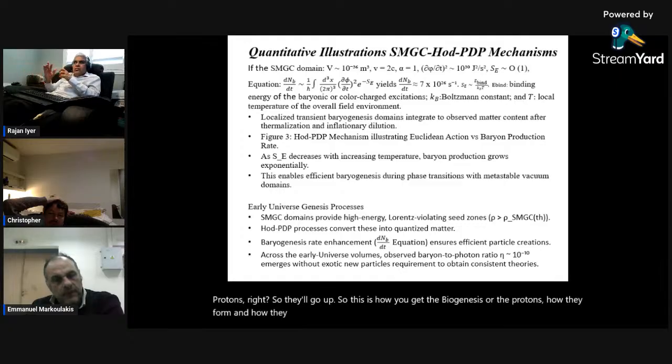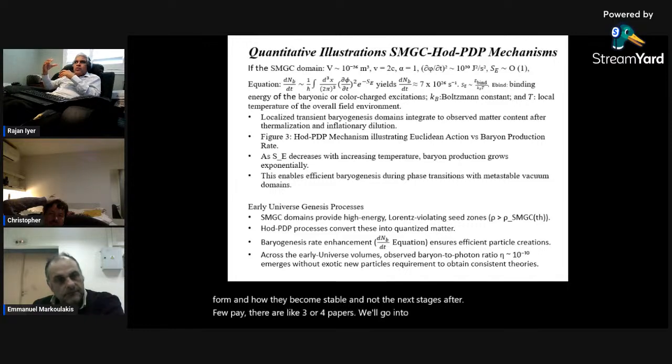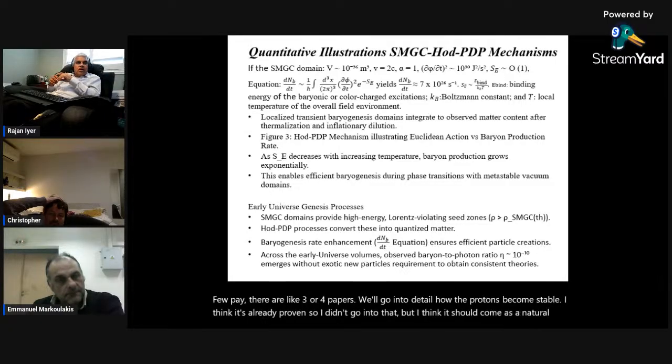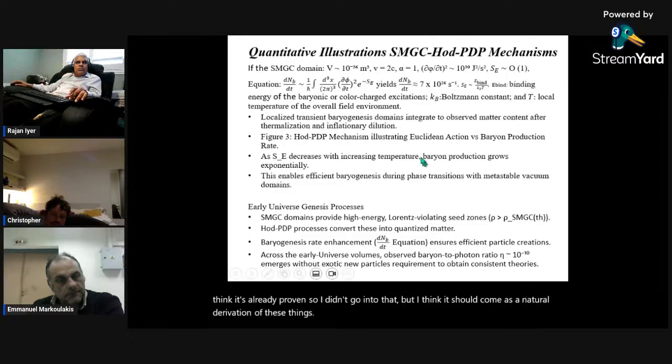In the next stages, there are like 3 or 4 papers. We'll go into detail on how the protons become stable. I think it's already proven, so I didn't go into that, but I think it should come as a natural derivation of these things. How they become stable, and it's still there after billions and billions of years.